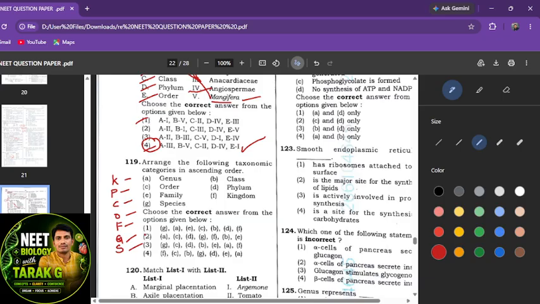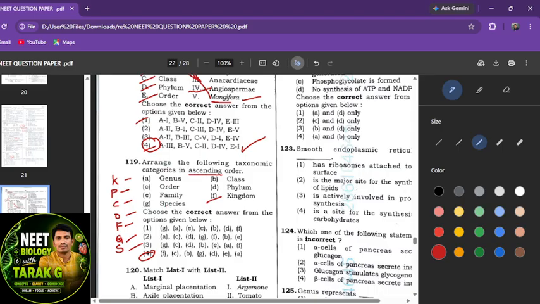Okay, this is also from the living world. It's a very easy question. First, they have not given domain also. First go for the kingdom. F starts with, here only one F starts with. Okay, obviously 119.